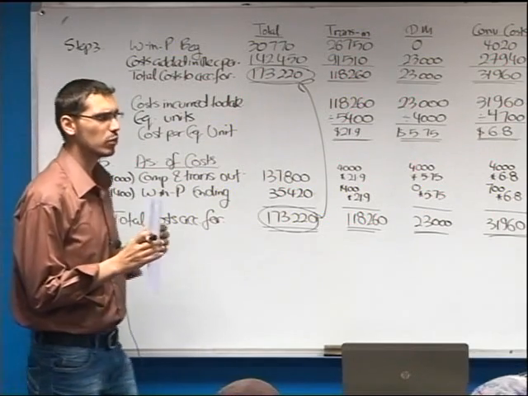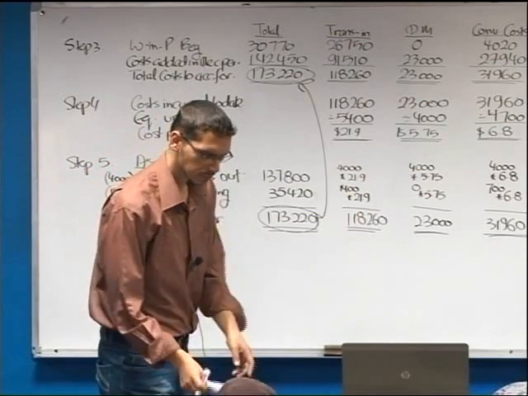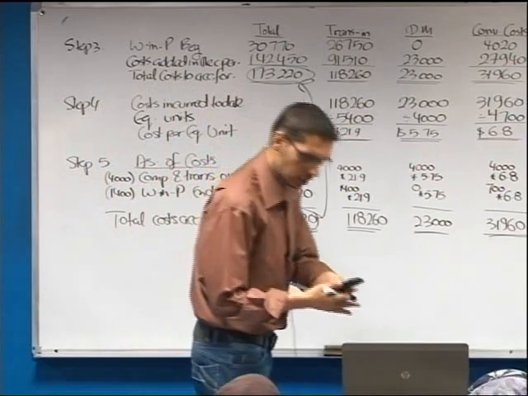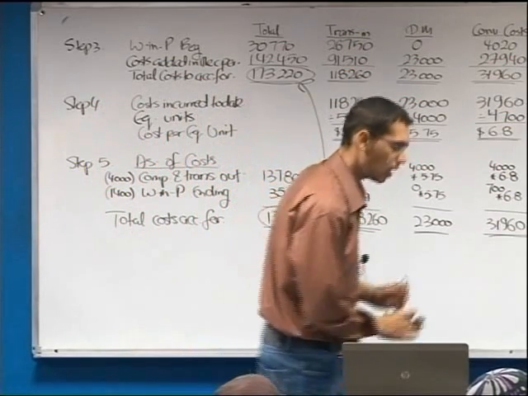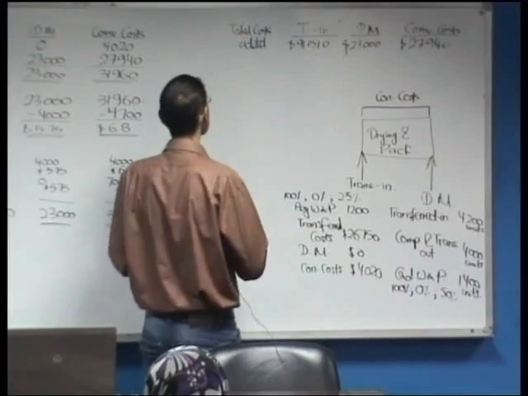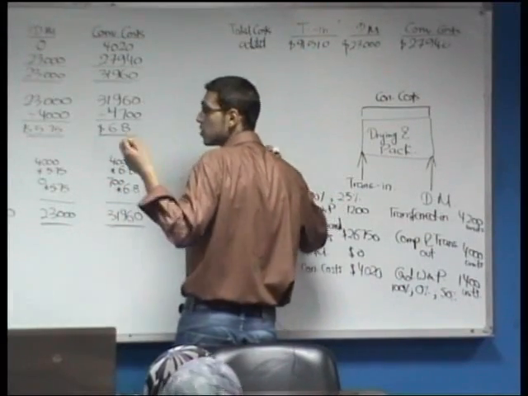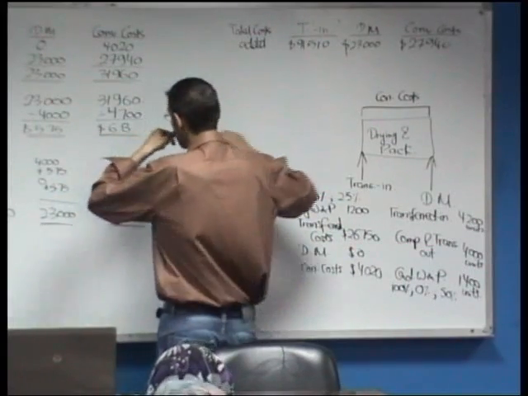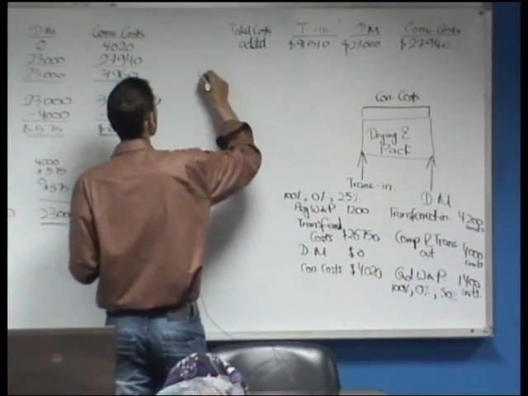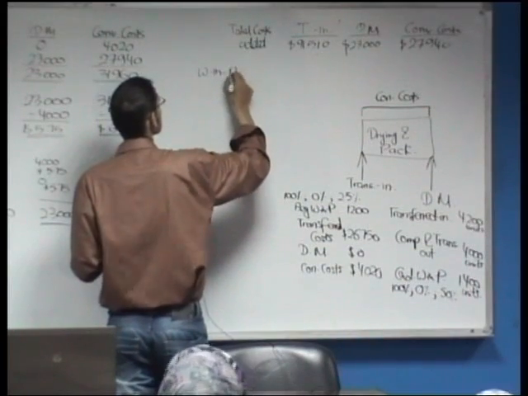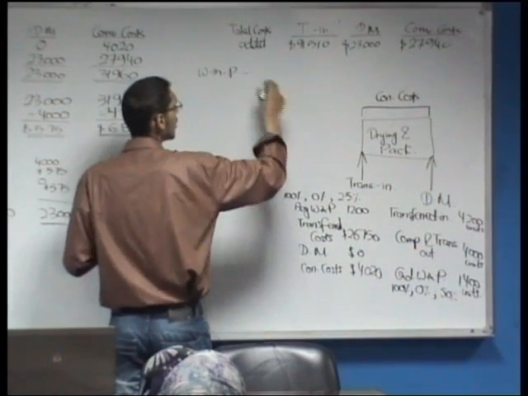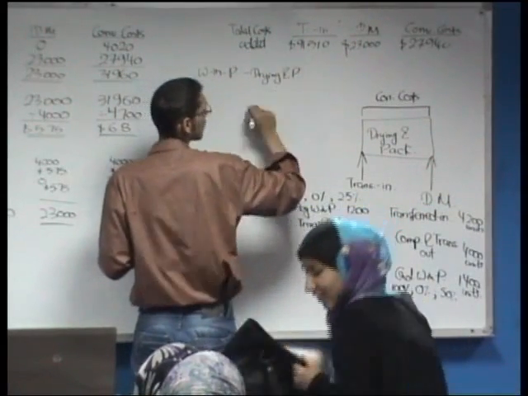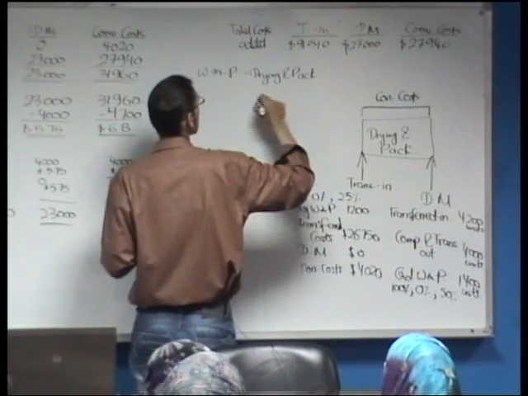Of course, if we need to journalize our entries, the first thing would be the consideration of the direct material costs. Therefore, it would be work in process, the drying and packaging department.